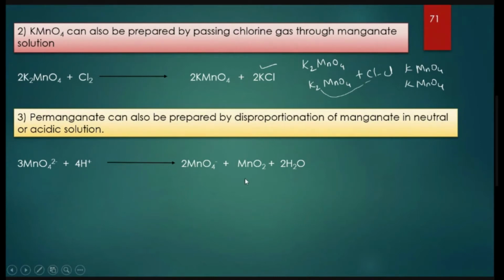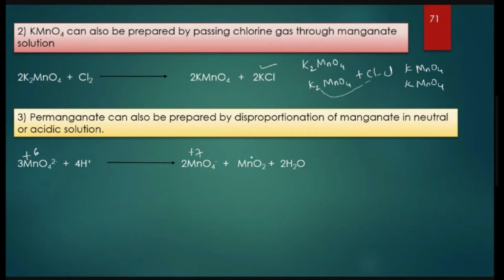Here you can see in MnO4 2 minus, the oxidation state of manganese is plus 6. When it gets converted into permanganate ion, its oxidation state is plus 7. From plus 6 to plus 7, there is a clear increase in oxidation number. Here we can see manganese is undergoing oxidation.